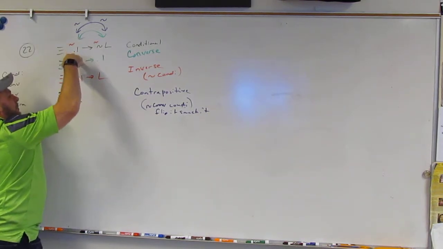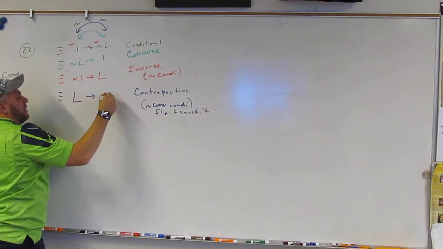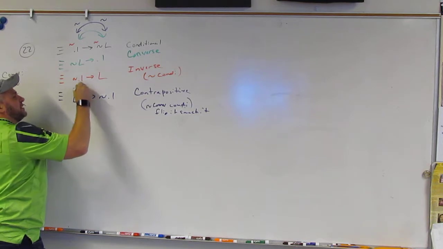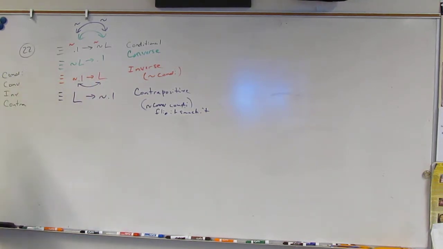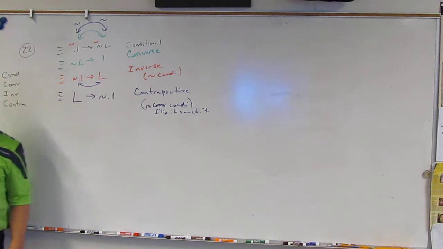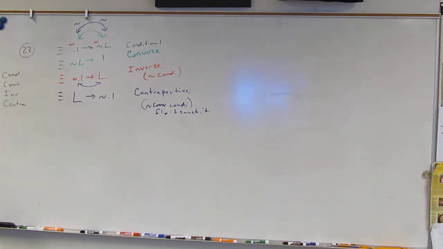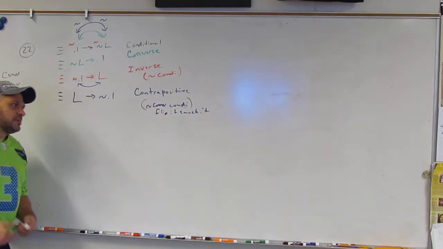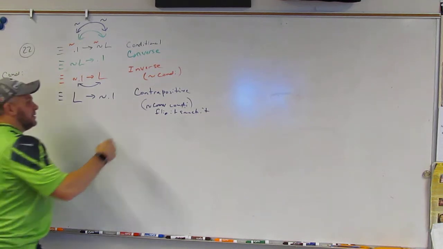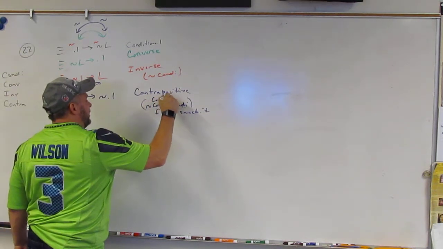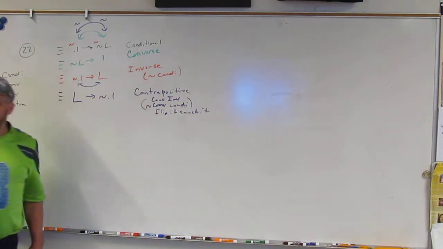And the 0.1 becomes not 0.1. So in other words, we're just taking this and flipping it. Okay? We're taking the inverse, right? And flipping it. So we're taking the converse of the inverse. That's an easier way to say it. The converse of the inverse. Right?